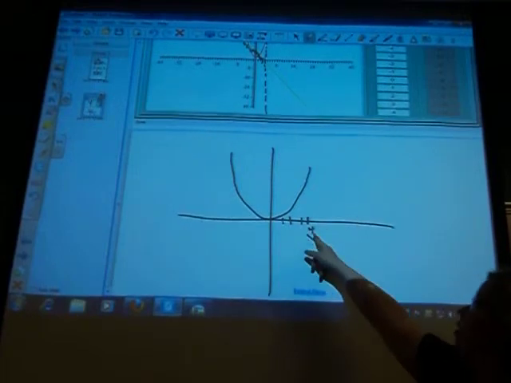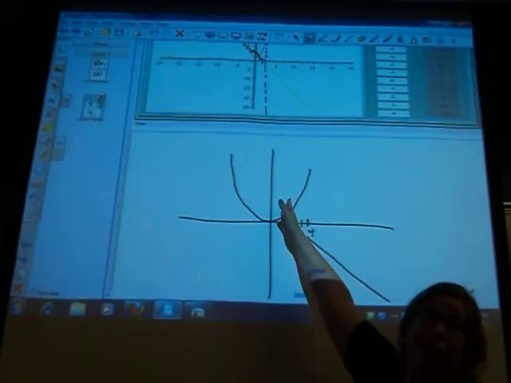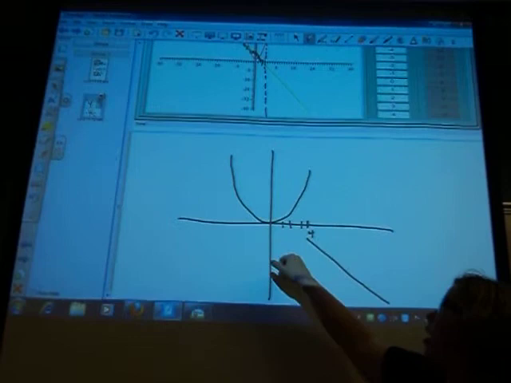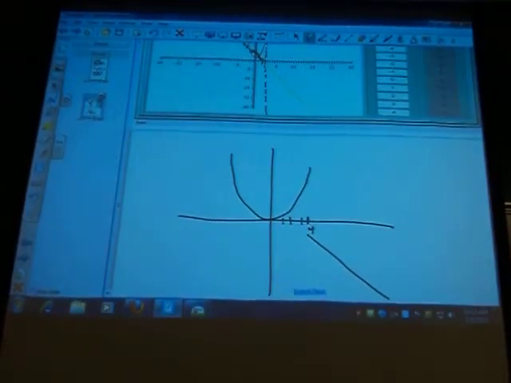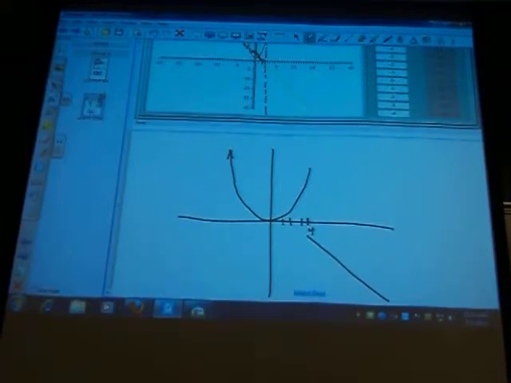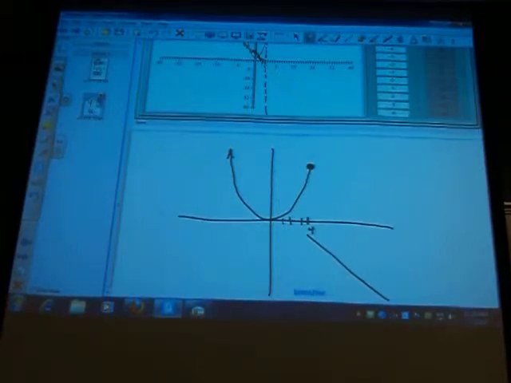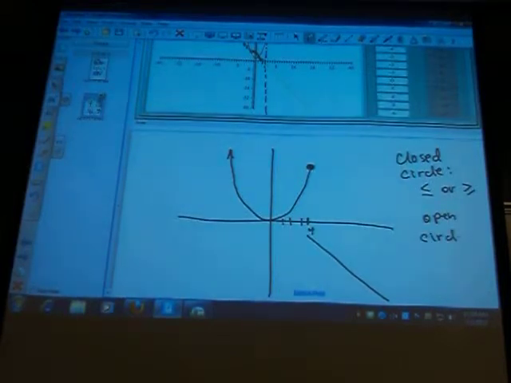Okay? Now if 4 is included on one graph, you want to put a closed circle on that graph. And if it's not included, you want to put an open circle. I want to put a closed circle on my parabola because that equation had x equals 4. Equation, you want to end that line with a closed circle.